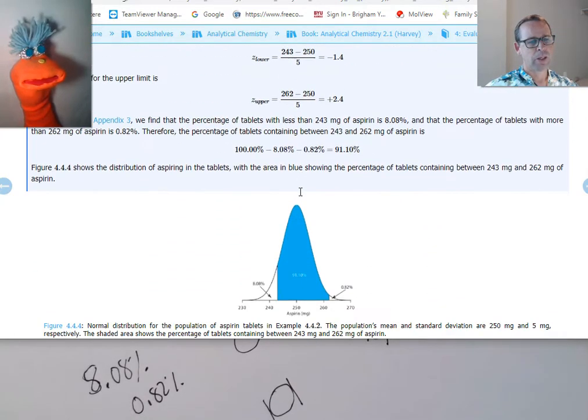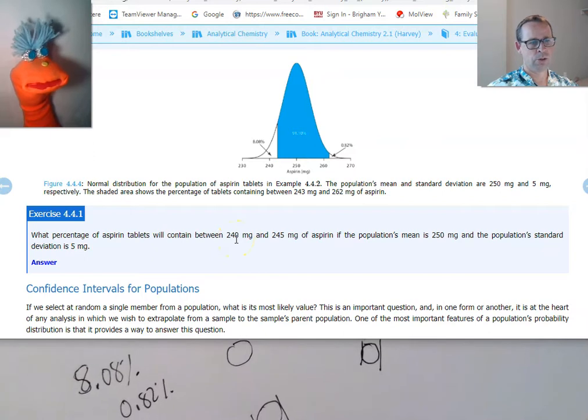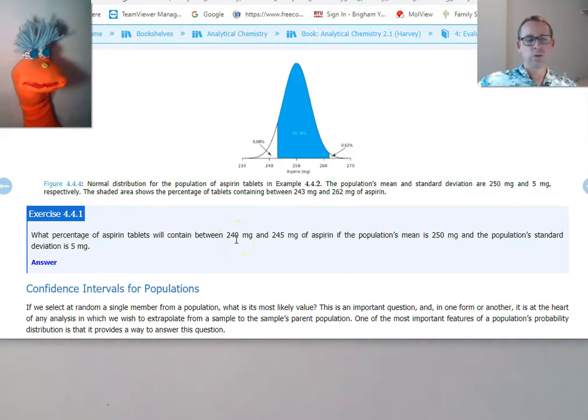Good. All right. So, do you want to try to do this one by yourself? Okay. So 240 milligrams to 250, huh? Yeah, that's right. We want to know what percentage are between 240 milligrams and 250 milligrams. What percentage of all the tablets we make we would expect to be there.